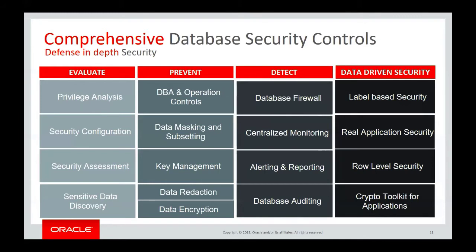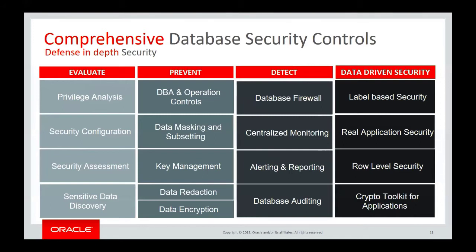Label security is a second way to do row level security. So labels are arbitrary. I might say that this row belongs to the customer A compartment and this other row belongs to the customer B compartment. And unless somebody belongs to the compartment for customer A or customer B, they don't get to see those labels or those rows.